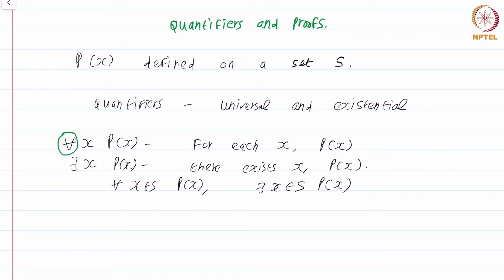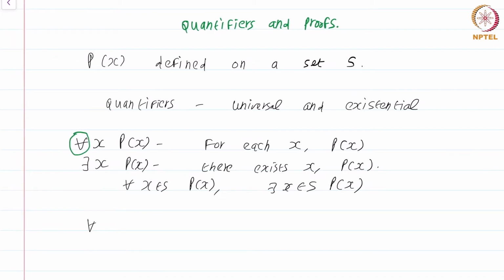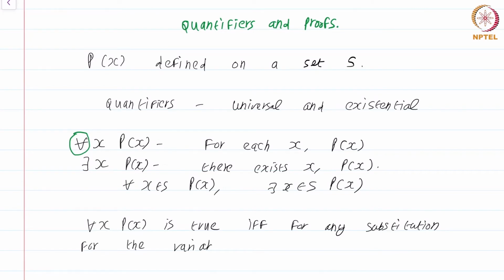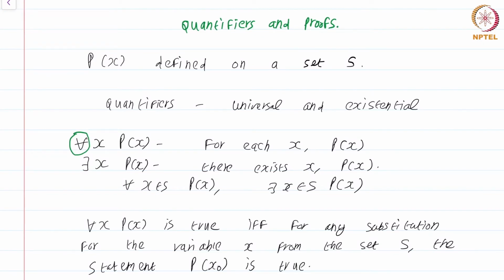What do these quantifiers mean? Well, the statement for all x, p of x is true if and only if for any substitution x naught for the variable x from the set S, the statement p of x naught is true.